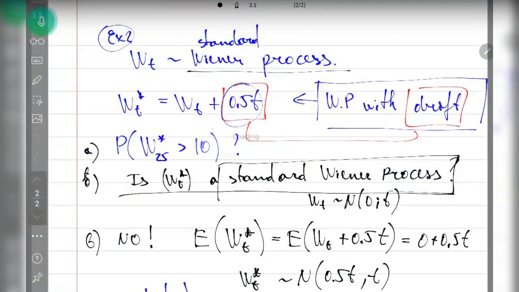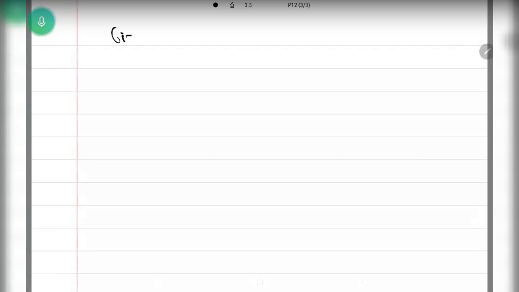We have a very strange theorem. It's a little bit abstract. It's hard to understand, but we will try. It's called Girsanov theorem.